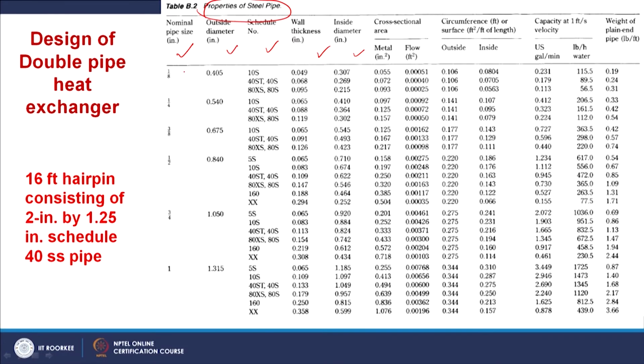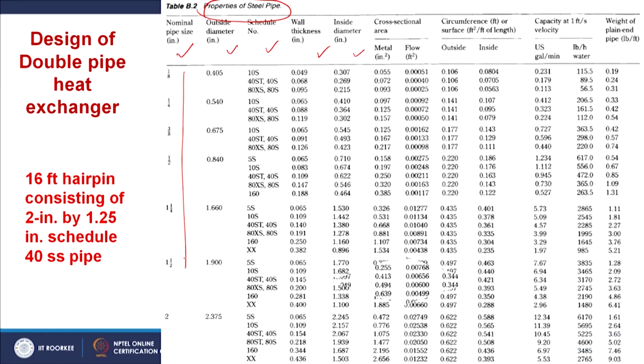So here we have this nominal diameter, and when I continue with this table, here we have another section where I have 2 inch and 1.25 inches. This 2 and 1.25 is basically the nominal dia of the pipe.